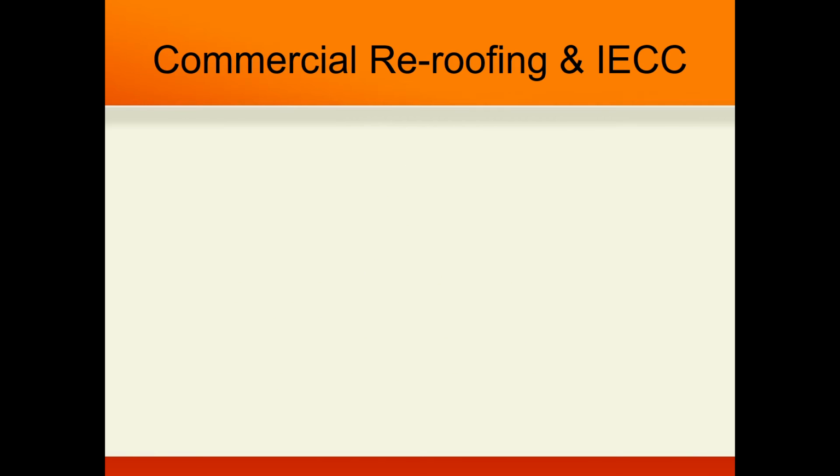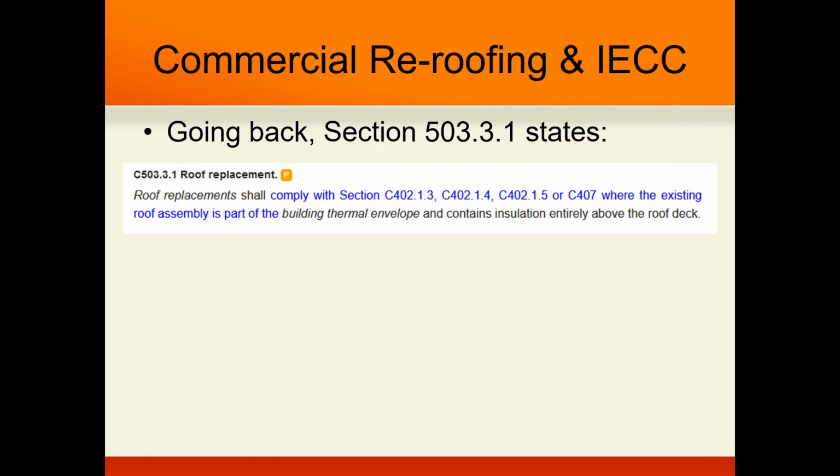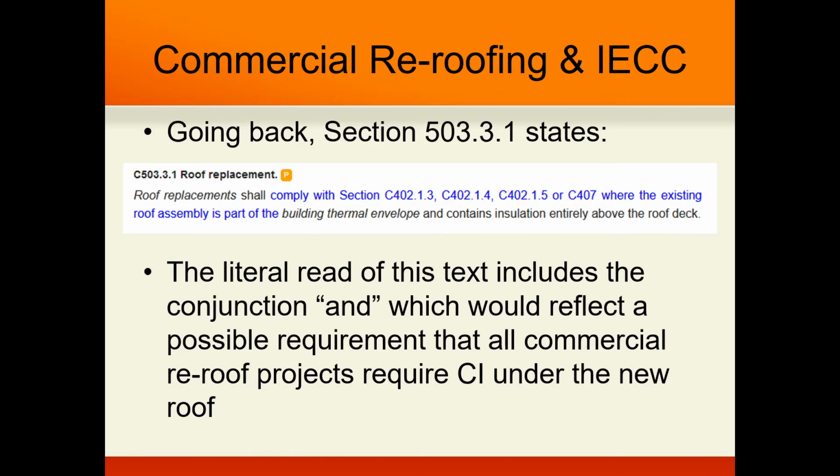Now, I want to go back for a moment and talk about 503.3.1. It states, and this is a very, very key thing to remember, when we read this section literally, it uses the conjunction "and." If you see here, not only do you have to comply with C402 or 407 if it's part of the building thermal envelope, but it says "and contains insulation entirely above the deck."